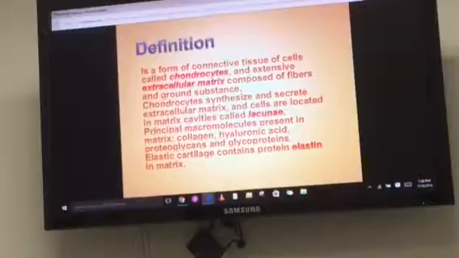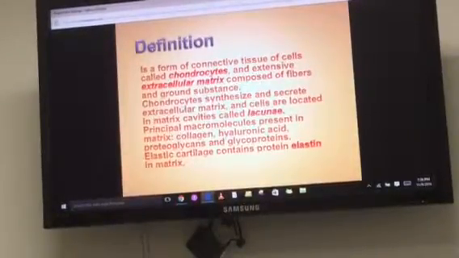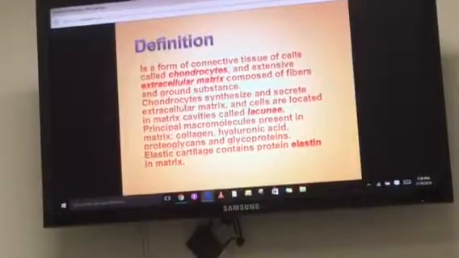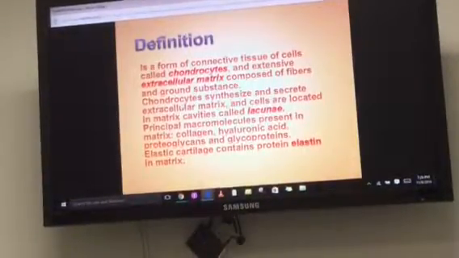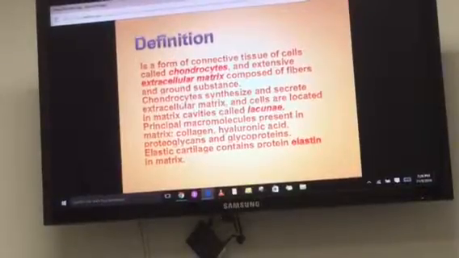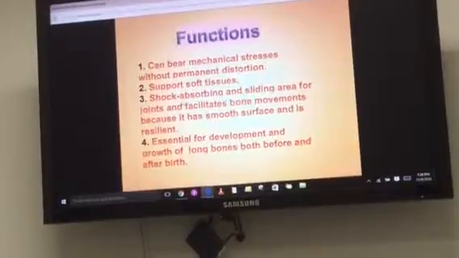Principal macromolecules present in matrix: collagen, hyaluronic acid, proteoglycans, and glycoproteins. Elastic cartilage contains the protein elastin in the matrix.